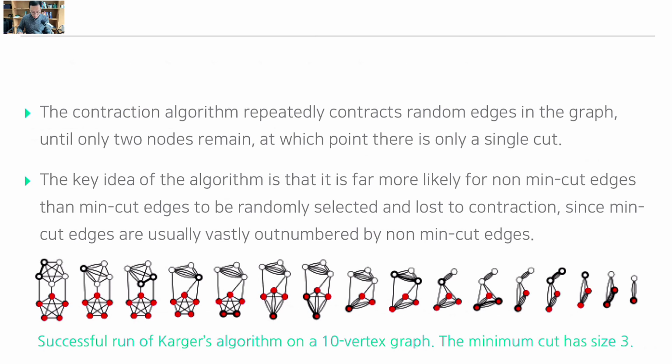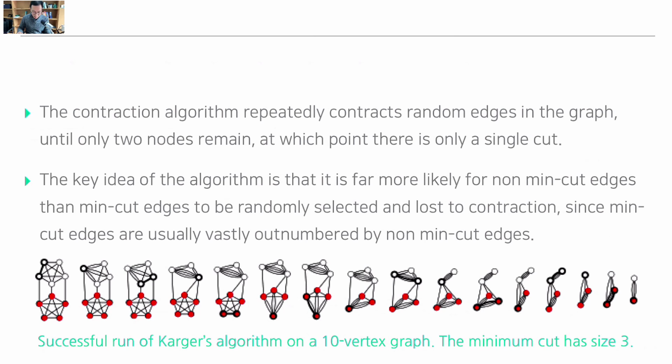The contraction algorithm repeatedly contracts random edges in the graph until only two nodes remain, at which point there is only a single cut.